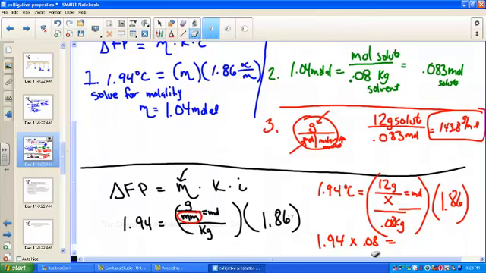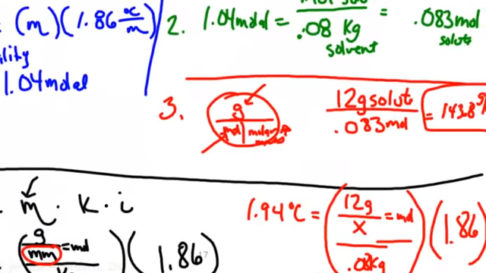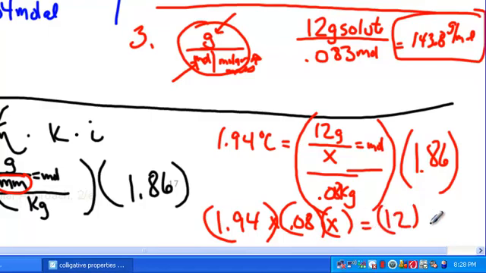Hang on, let me just erase that. We have to put the X here as well. So I have 1.94 times 0.08 times X is 12 times 1.86. These two end up on the right side, and those end up on the left side. It depends on your algebra skills, how much algebra you want to play with.